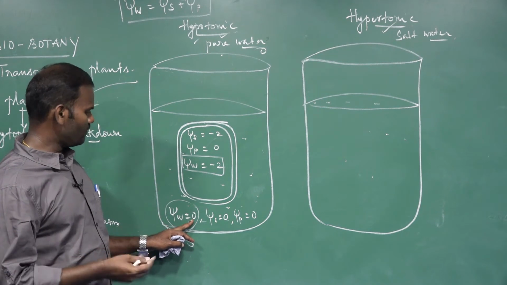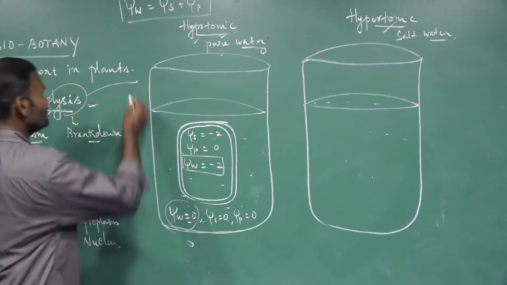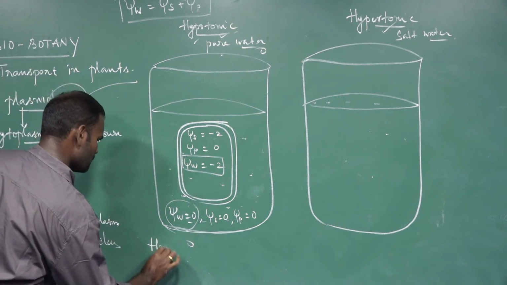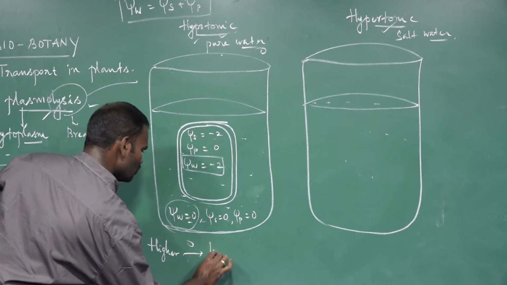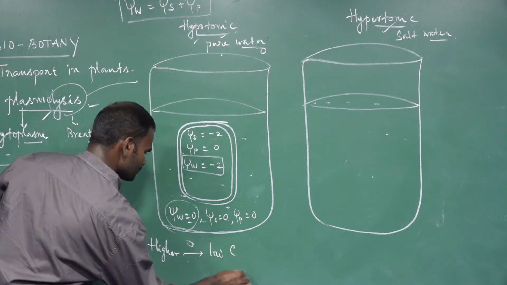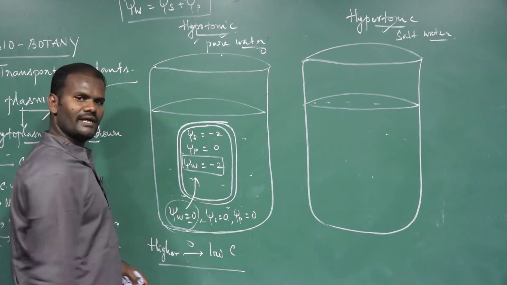So now tell me, the movement of water molecules is from where to where? From high concentration to low concentration. So now move from where to where? 0 to negative value.